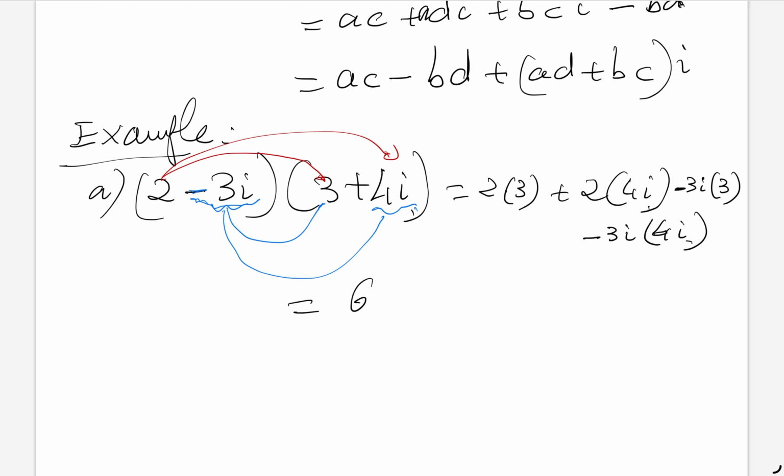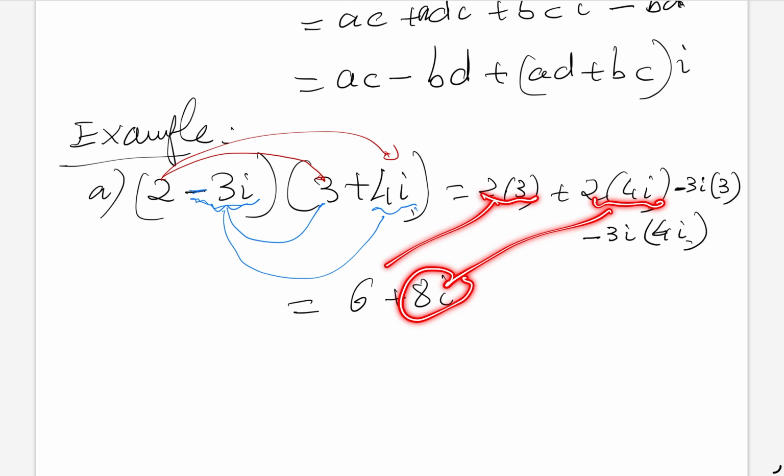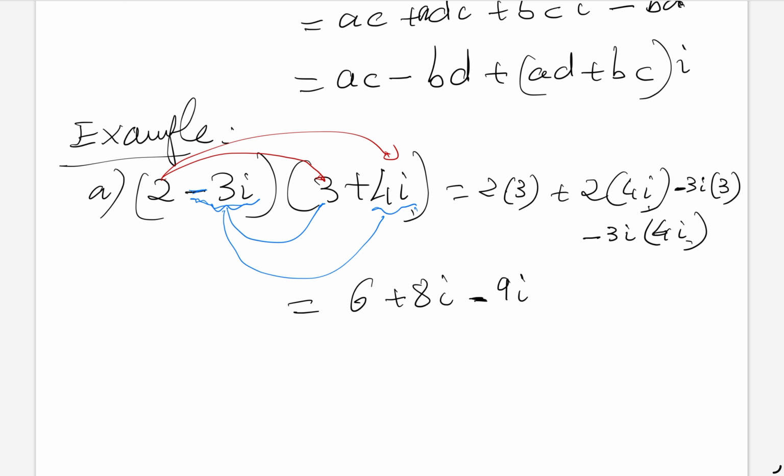Now you have to simplify them. You have 6 here, and you have 8i here. Okay? Now, 3 times 3 is 9, so you will end up having plus negative 9i. And then here you have negative 3 times 4 is 12, 12i squared. What did I tell you about i squared? It is negative 1. Now, 6 plus 8i minus 9i, negative 12 parenthesis negative 1.